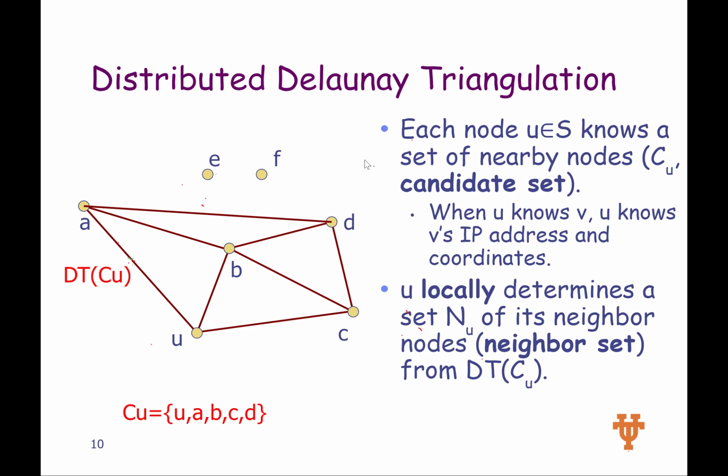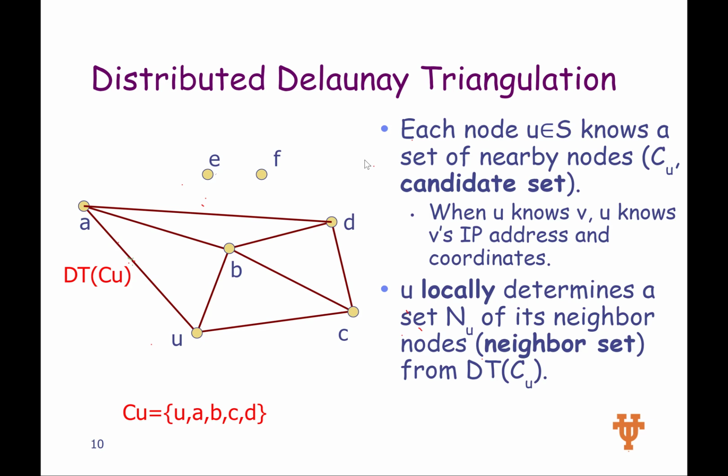That means if CU includes all its global DT neighbors in the candidate set, and it really doesn't matter whether it includes more nodes, you can already determine its DT neighbors in the global DT. Does it make sense? Are you all following?